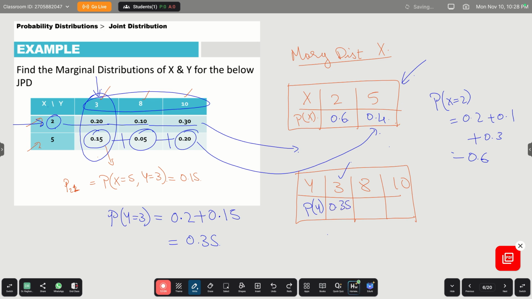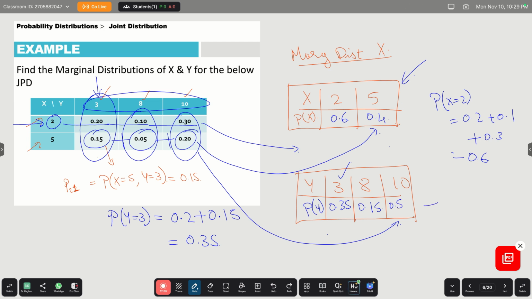So the probability that y is equal to 3 is 0.35. Similarly, for y equal to 8, we consider the second column. The second column has the values 0.10 and 0.05. If you add them, you will have 0.15. And for the third value, y equal to 10, the probability is the sum of all the probabilities in the third column: 0.3 plus 0.2, which is 0.5.